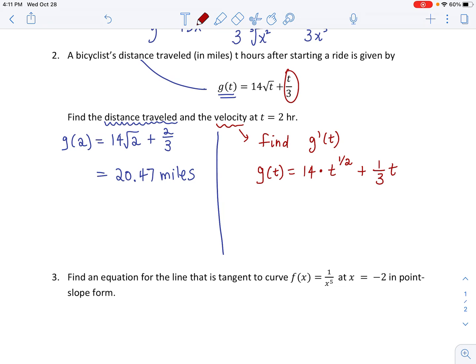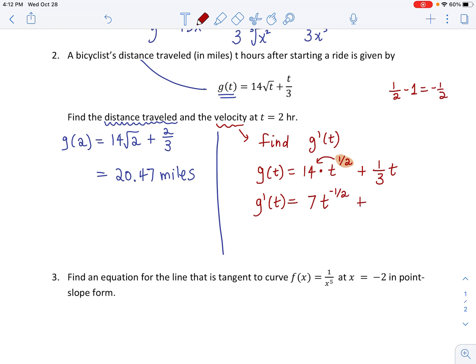I just separated these as 1/3 t. Now I'm ready to use the power rule for g prime of t. Multiply this 1/2 to this coefficient. Half of 14 is 7. And the new exponent will go down by 1, so 1/2 minus 1 is negative 1/2.